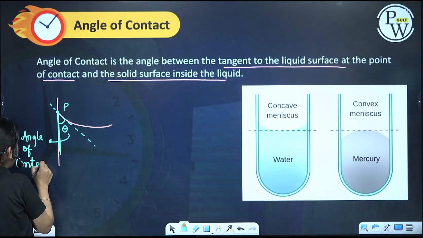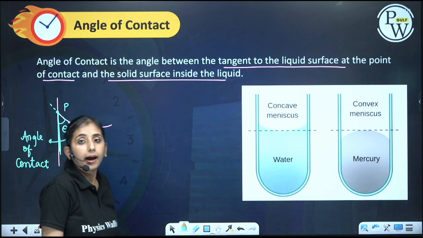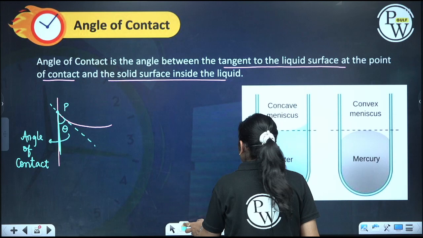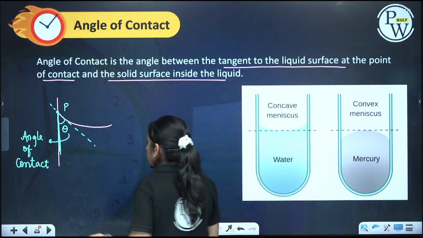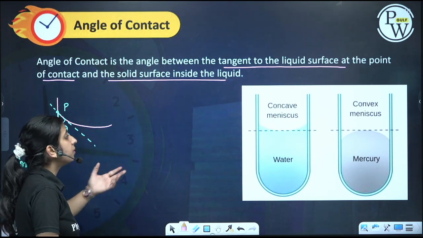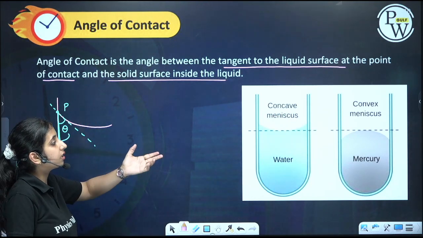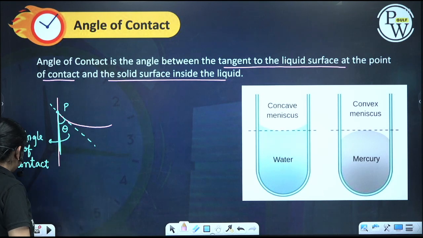Now we have different types of meniscus: one is the concave meniscus and the other is the convex meniscus.